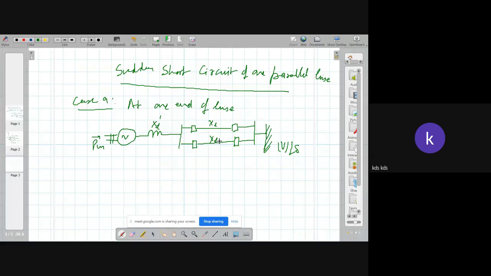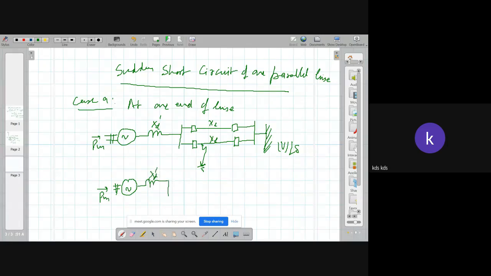In case the fault occurs at one end of the line, say the fault occurs here at this point, because this end is connected with the node, this node has become faulty. It means the power which is being transferred is directly going into the fault point, not going towards the node end.